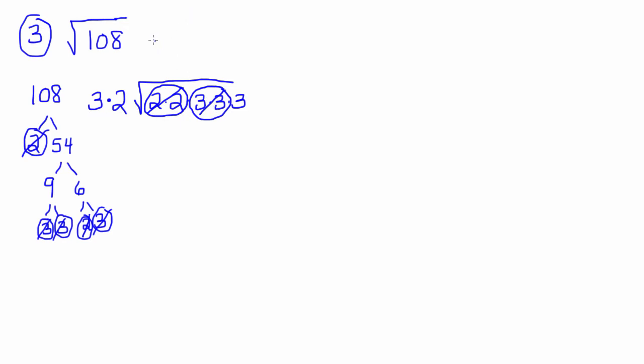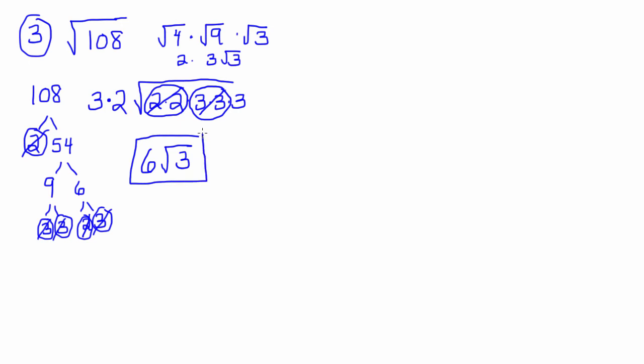Theoretically, you could have written this as the square root of 4 times the square root of 9 times the square root of 3. As you can see, this becomes 2, this becomes 3, and then root 3, so it's multiplication. That is an error that my students sometimes make. So then it's just going to be 6 root 3. That's what the square root of 108 simplified is.